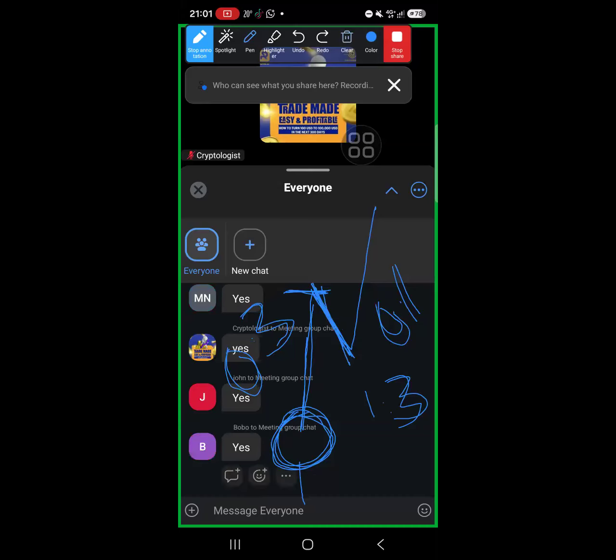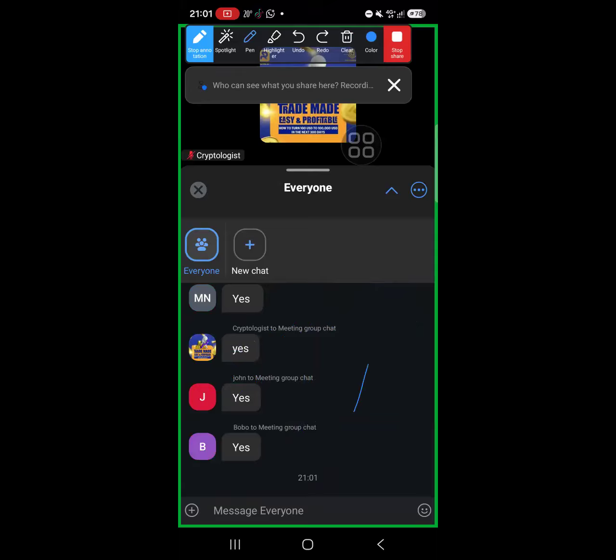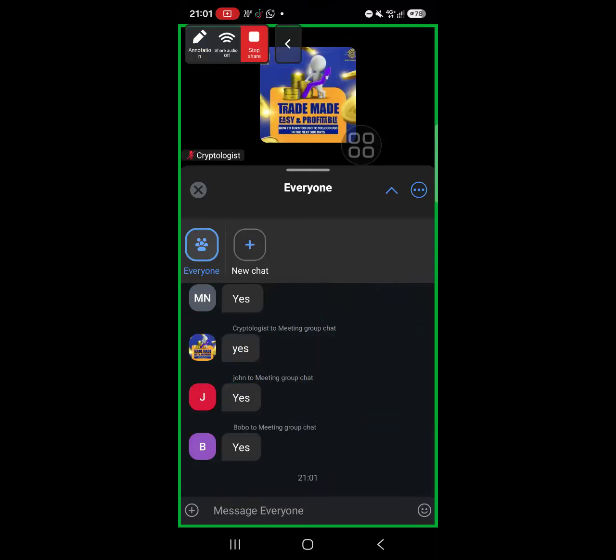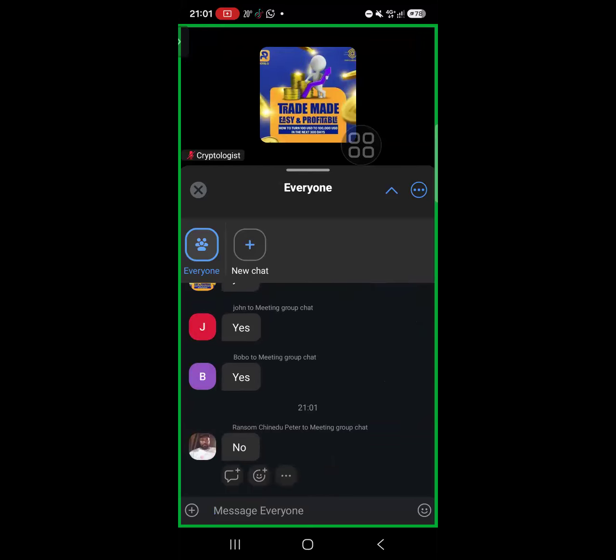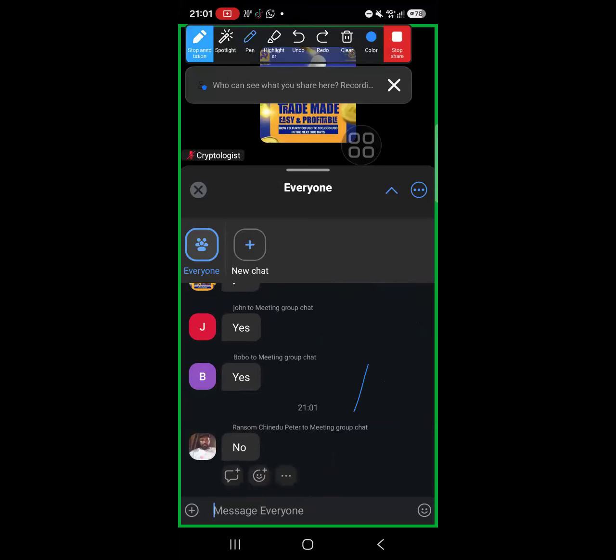If you are understanding what I'm saying. Where is Ransom? Okay, thank you. So it is not going to sell. It will only sell if it drops by your targeted callback.